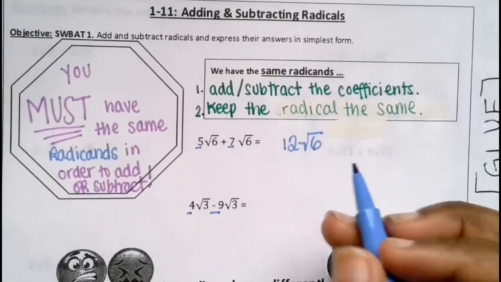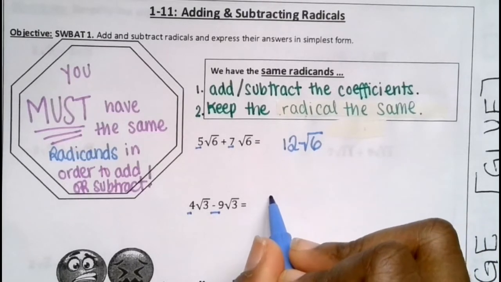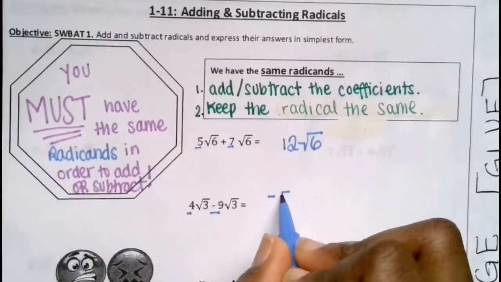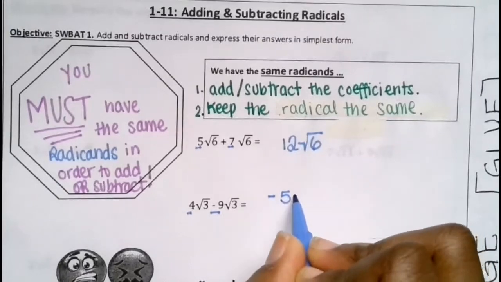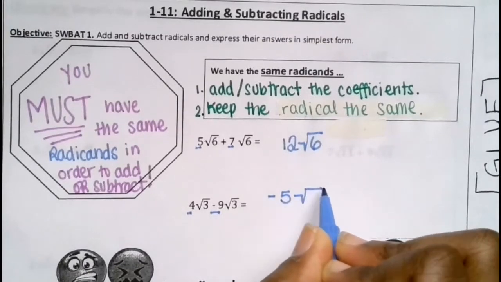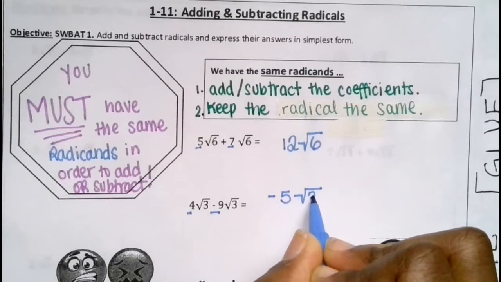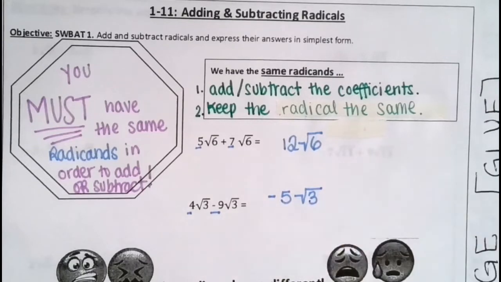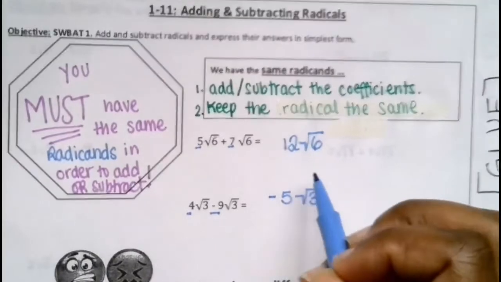So 4 minus 9 will yield a difference of negative 5. And then I'm keeping my radical the same, which is root 3. So my final answer will be negative 5 root 3.